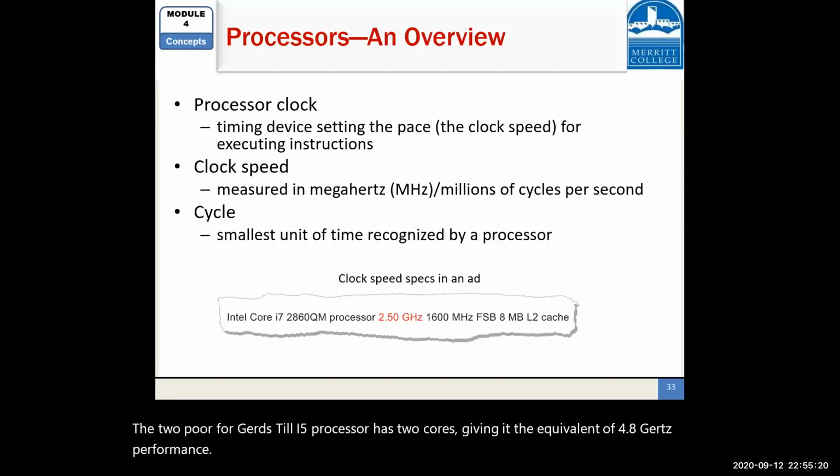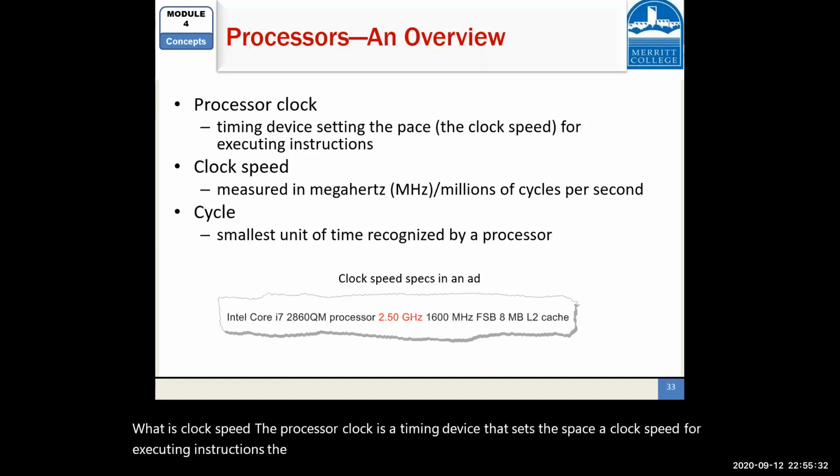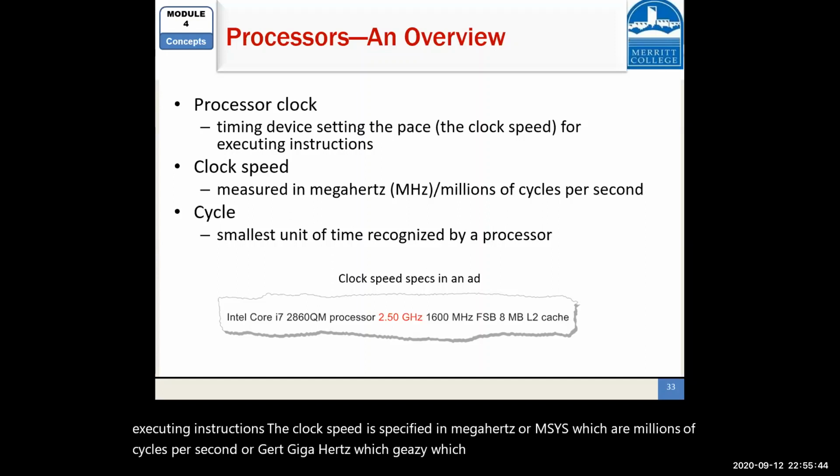What is clock speed? The processor clock is a timing device that sets the pace, a clock speed, for executing instructions. The clock speed is specified in megahertz, or MHz, which are millions of cycles per second, or gigahertz, GHz, which are billions of cycles per second.